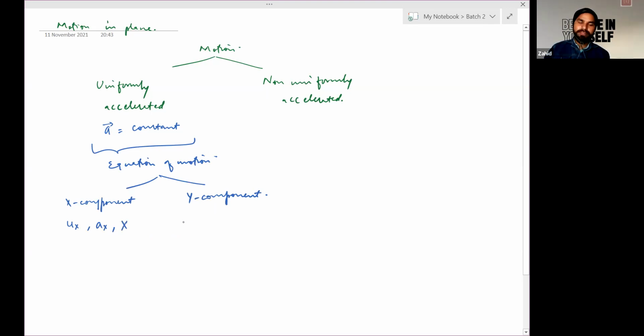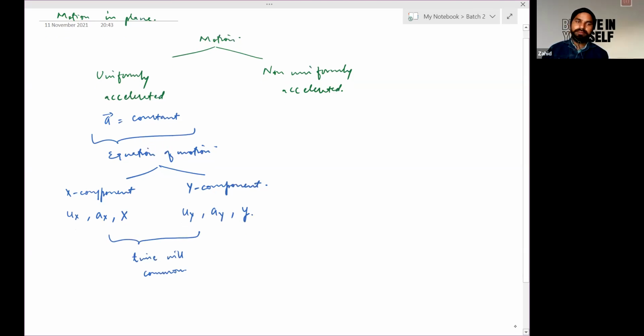Similarly, for the y component, you may define initial velocity, acceleration, and displacement. The only thing which will be common in both will be time. So time will be common for both. The rest of the terms will be different along the x-axis and along the y-axis.